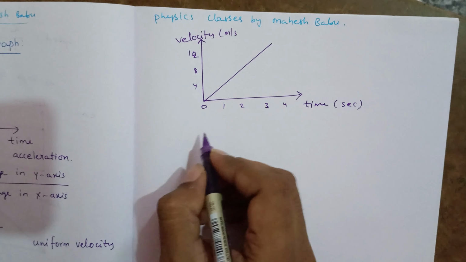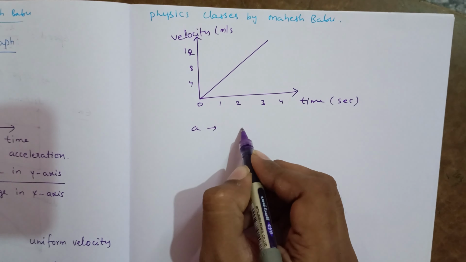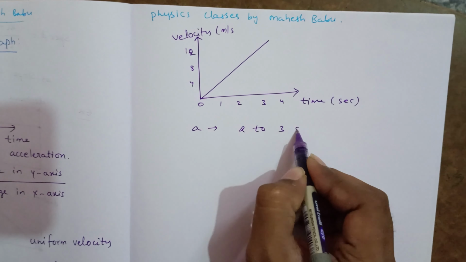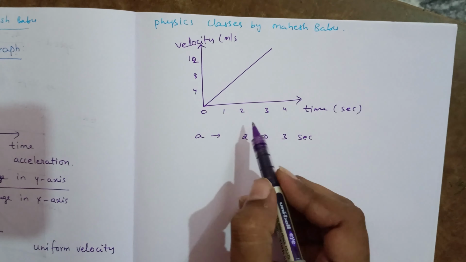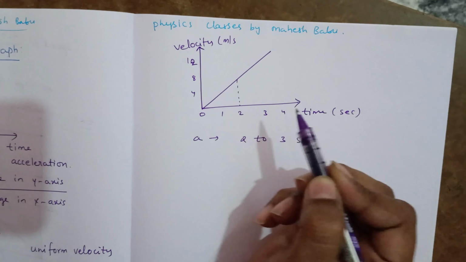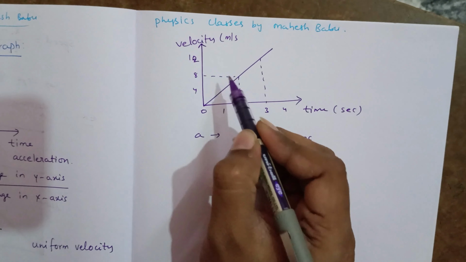Now if they asked what is the acceleration between 2 to 3 seconds, this is at 2 and this is at 3, and this is the velocity.